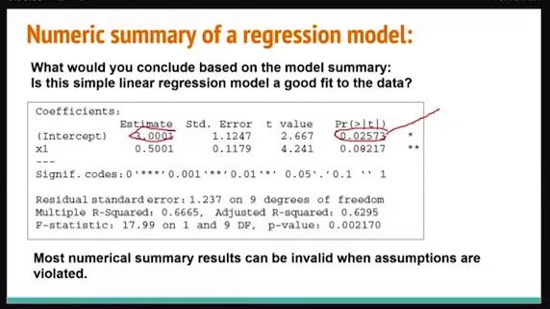Then when you come to the slope, the p-value here is less than 0.05, so it's telling us the slope is significant. And the belief in statistics is that when the slope is significant and the intercept is significant, we're going to say, oh, our model is actually okay.